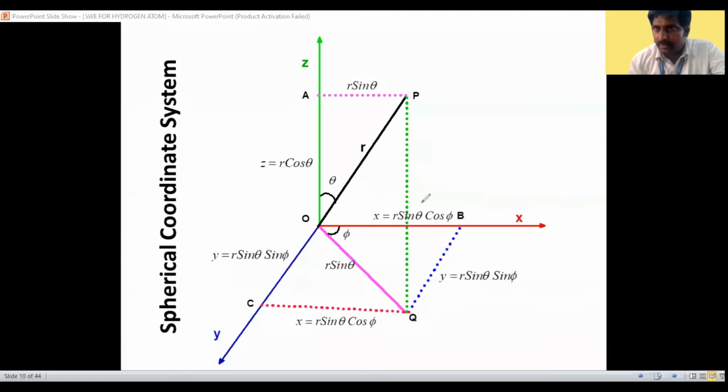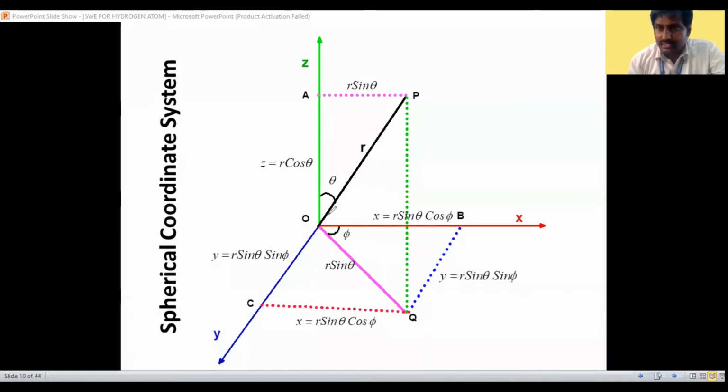Now PQ will be r cos theta. How did we get this r cos theta? Since this angle is theta, if you apply cos theta equal to adjacent side by hypotenuse, based on this formula we get z is equal to r cos theta. So PQ will be r cos theta, and OA will be r cos theta.